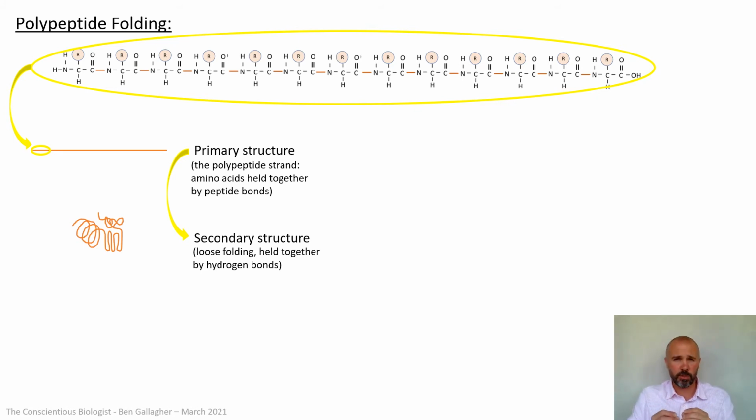Now, hydrogen bonds are attractions between positively and negatively charged parts of molecules. If you look at the amino acid strand up there, look along the top next to the R groups, you've got the double bonded oxygens and the single bonded hydrogens. The double bonded oxygens, because they're quite large, pull electrons towards them.